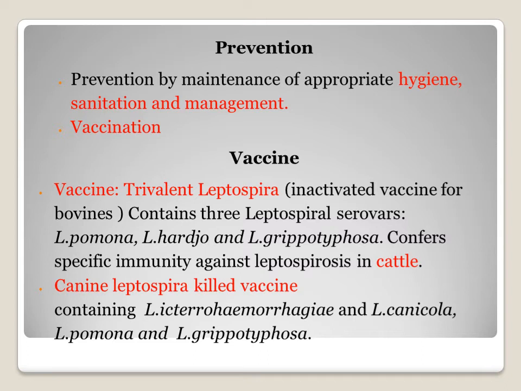This vaccine confers specific immunity against leptospirosis in cattle. Then the canine leptospira killed vaccine is for the dog, containing Leptospira icterohaemorrhagiae, Leptospira canicola, Leptospira pomona, and Leptospira grippotyphosa.